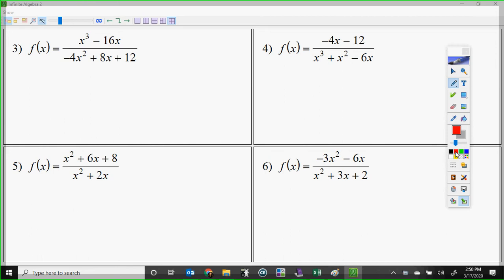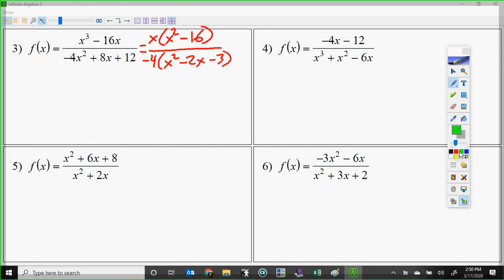For each one of these, I'm going to start by factoring as much as I can. So for this one, I'll factor an x out. That gives me x squared minus 16. Factor a negative 4 out. That gives me x squared minus 2x minus 3.